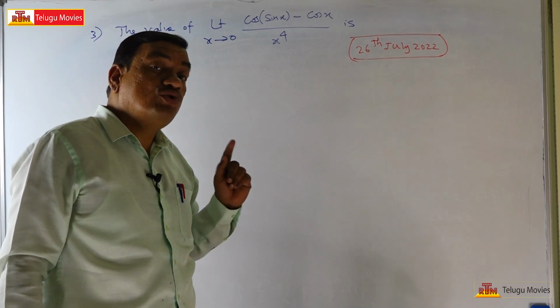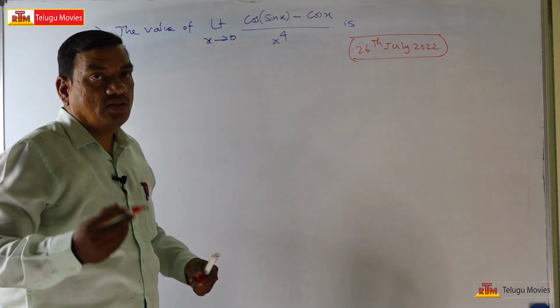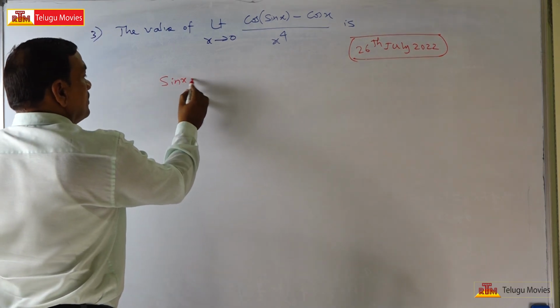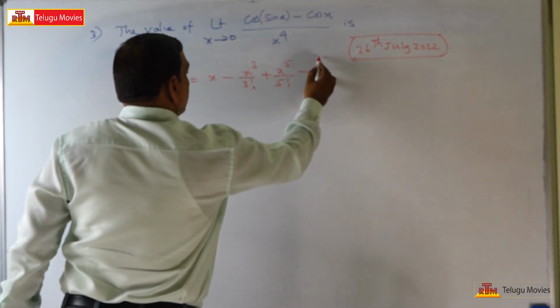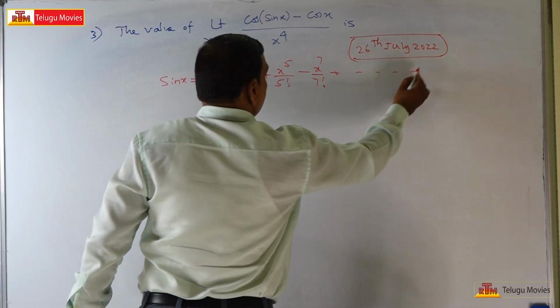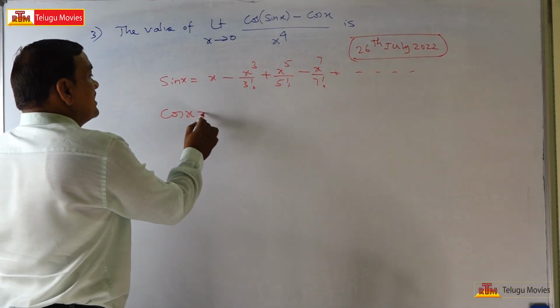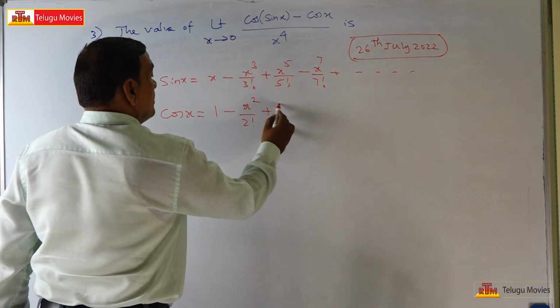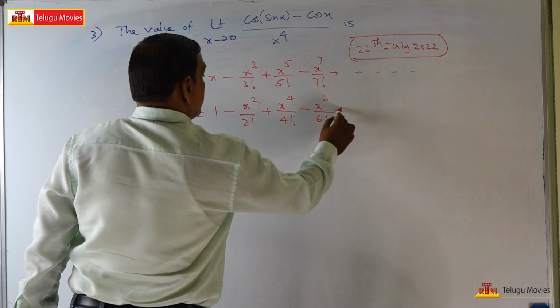To do this problem, you should know the expansions of sin x and cos x. The sin x expansion is x minus x cube by 3 factorial plus x power 5 by 5 factorial minus x power 7 by 7 factorial, and it goes on. The cos x expansion is 1 minus x square by 2 factorial plus x power 4 by 4 factorial minus x power 6 by 6 factorial, and so on.